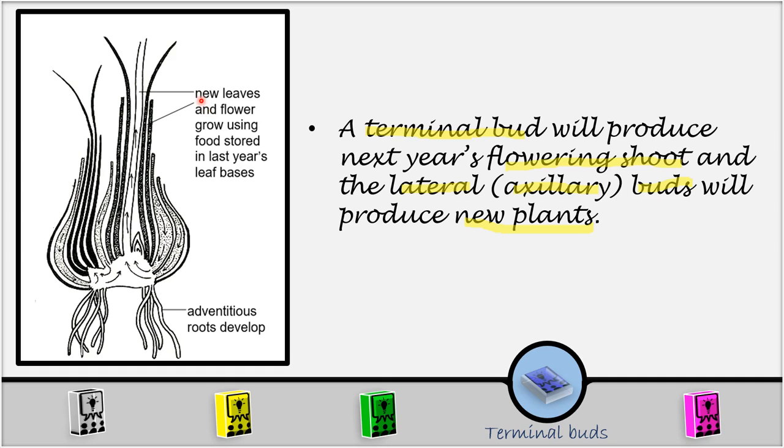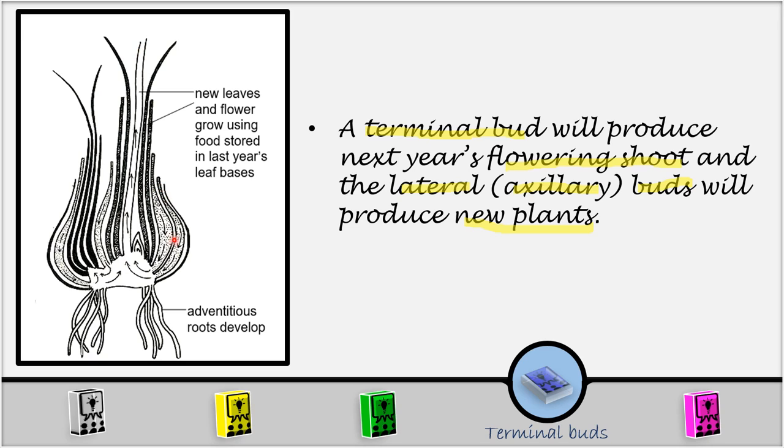Here we have new leaves and flowers growing using food stored in last year's leaf base. These leaves which were for last year are now going to provide nutrients to the young developing leaves.